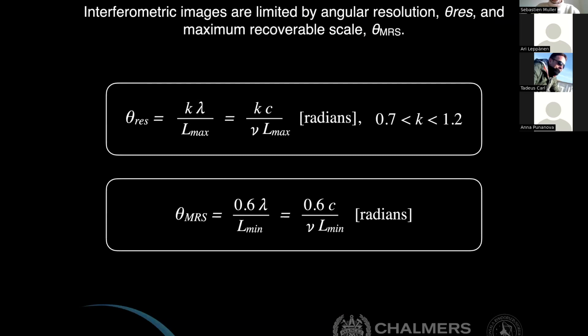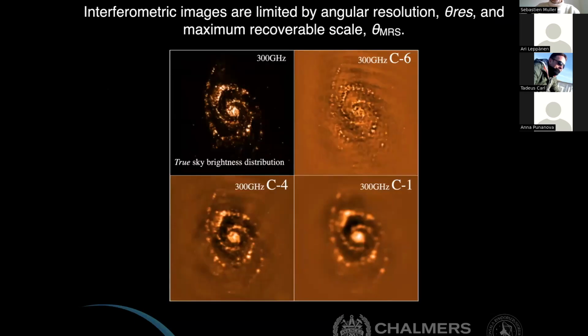And the maximum recoverable scale can be calculated in terms of the wavelength and the minimum separation of two antennas in one configuration. So, you don't really have to look at these equations, it's just to tell you more or less what these two parameters depend on. And then, what happens with the different configurations, angular resolution and maximum recoverable scale.